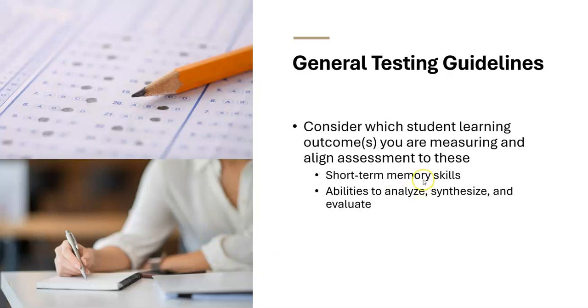So are you going to test more short-term memory skills, so recall of vocabulary, matching key facts, knowing the chronological order of things? Or do you want them to be able to exhibit higher order thinking skills such as analysis, synthesis, and evaluation? And depending on this, then you can construct your test.